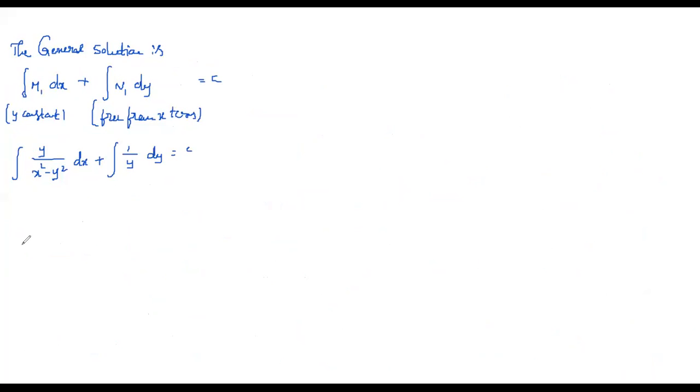And now we have to apply integration. We take y as a constant: y into integral 1 by (x square minus y square) dx plus integral 1 by y dy is equal to c.